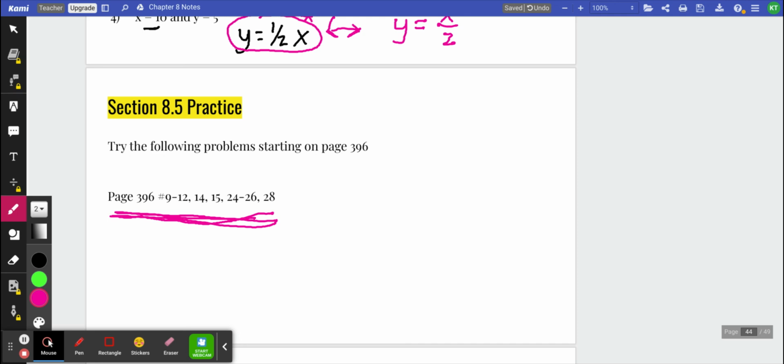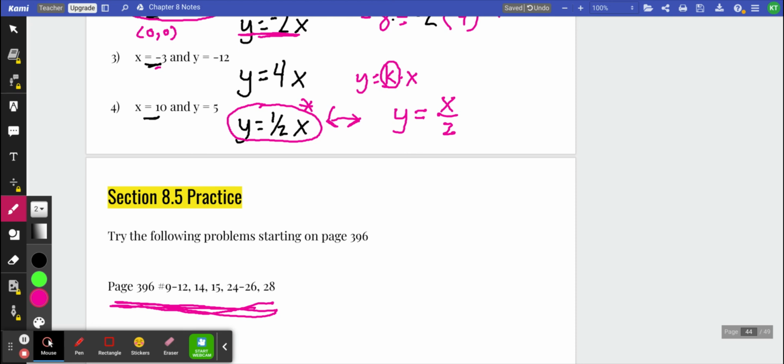Then it goes into number 14 and 15, where we'll be writing equations just like we did here with varies directly. And then 24 to 26 and number 28 are review questions.